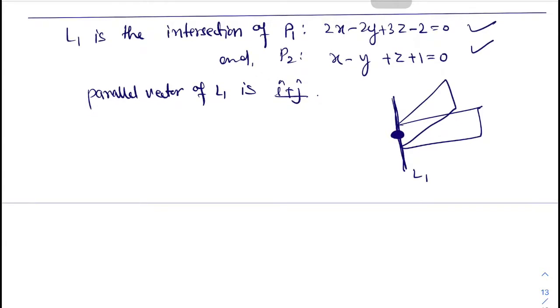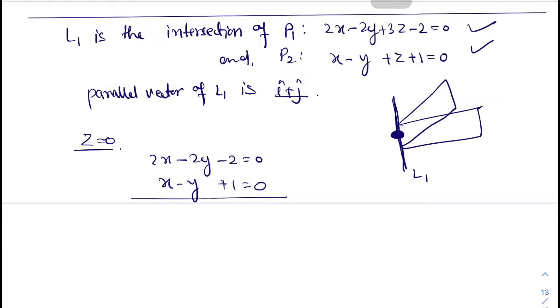So let me put z equal to 0. We are left with 2x minus 2y minus 2 equal to 0 and x minus y plus 1 equal to 0. These are linear equations in two variables which represent lines in 2D geometry.